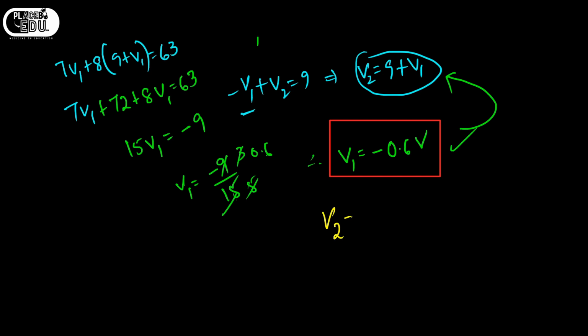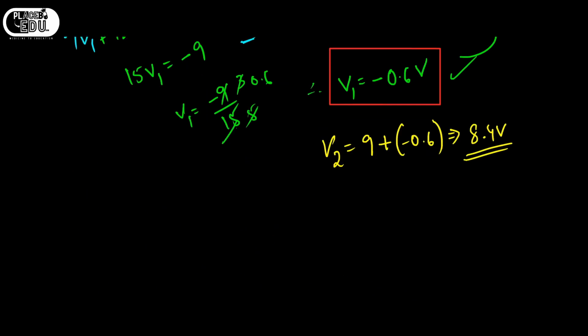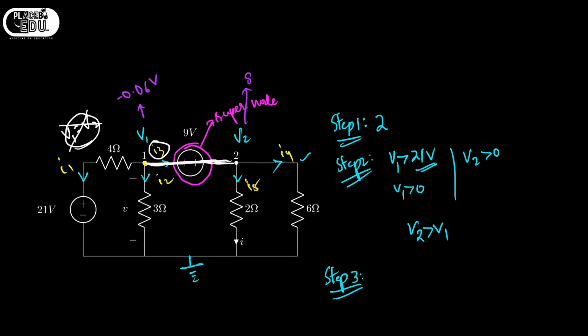So V2 is equal to 9 plus V1, that is minus 0.6. That is nothing but 9 minus 0.6, which is 8.4 volts. So we got the nodal voltages, that is V1 is equal to minus 0.6 volts and V2 is equal to 8.4 volts.